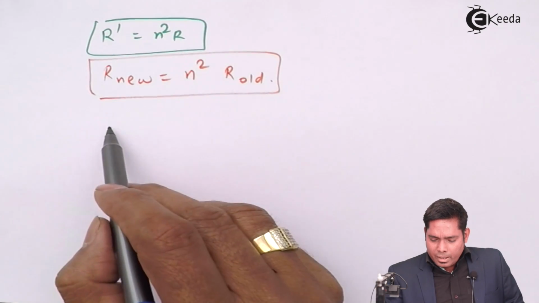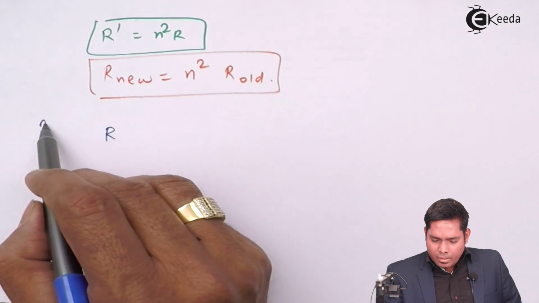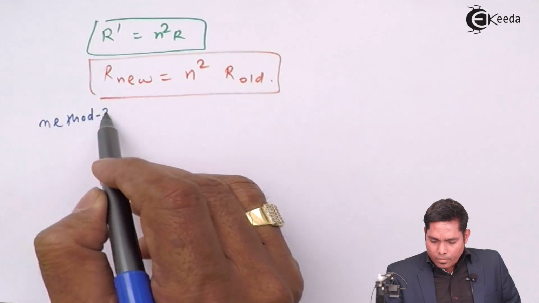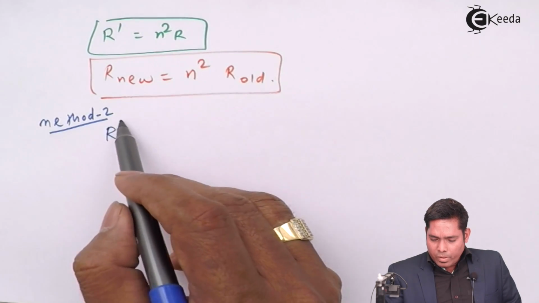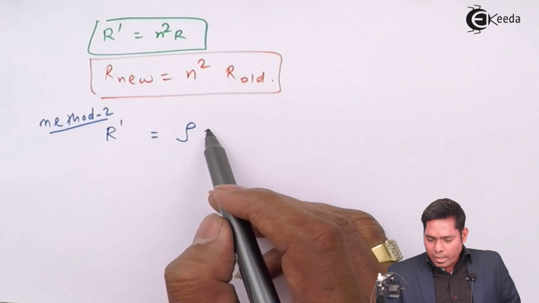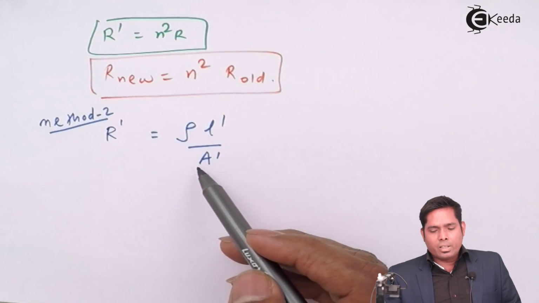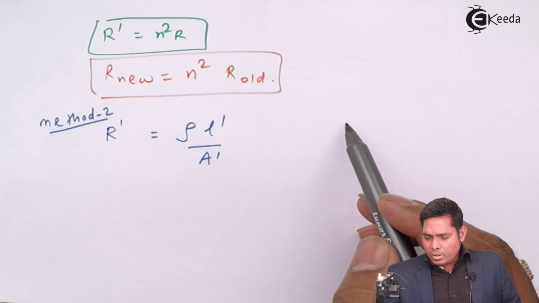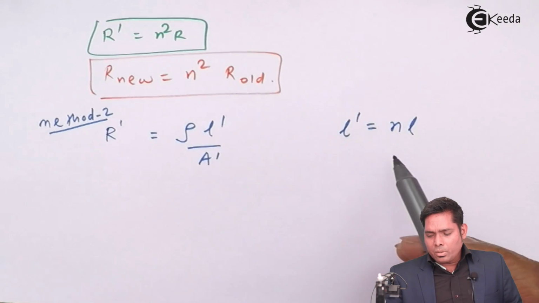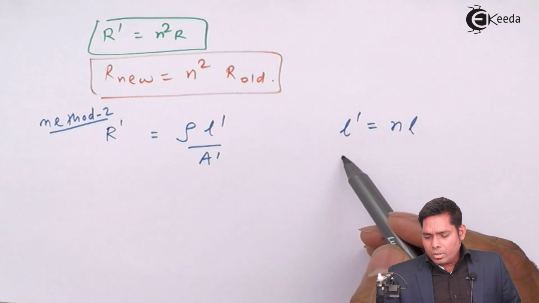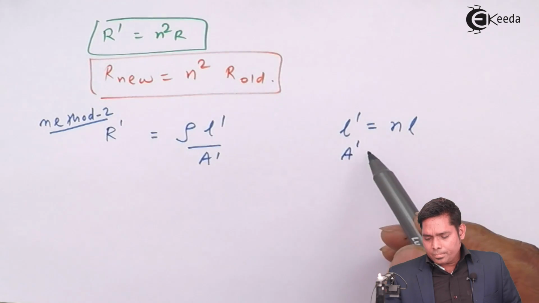Another approach: the new resistance we are interested in is rho L dash upon A dash, because the length and area will change. What is the new length? It is given that it is n times the original length. What is the new area of cross section?